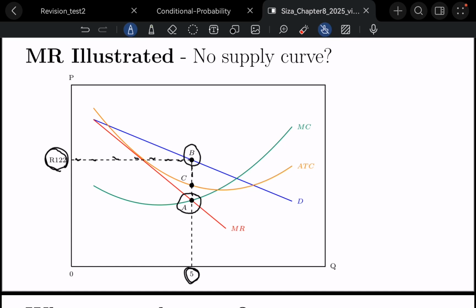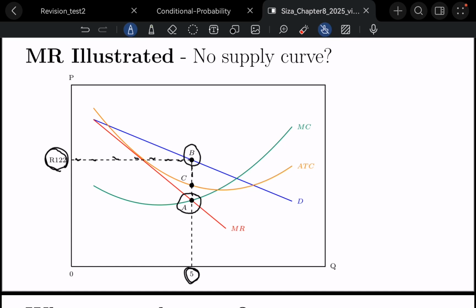And you'll find that there's no supply curve here, because we use marginal revenue equal to marginal cost in order to figure out how much we're going to produce, and then we find the price from the demand curve.